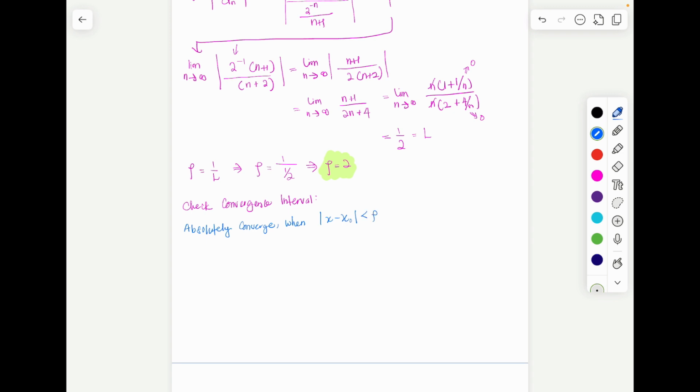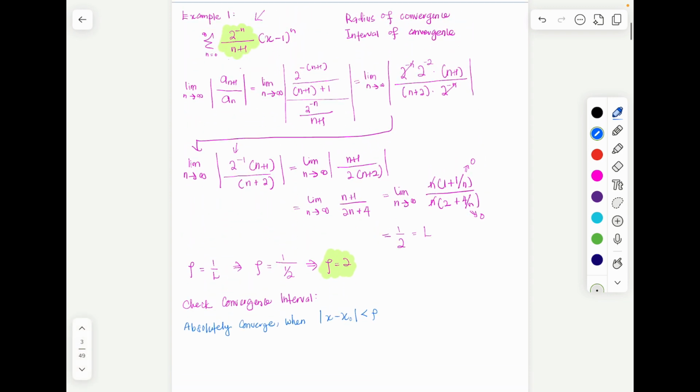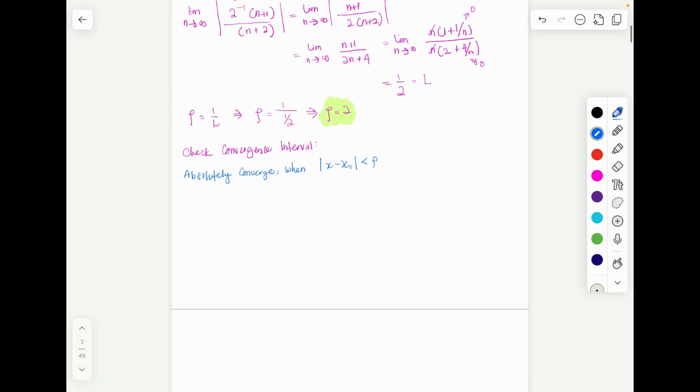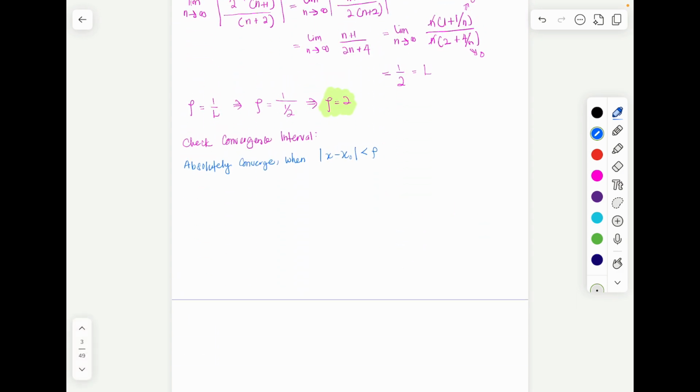In this case, you need to recognize what your x_0 is. Your x_0 is actually this one, so x minus 1. We write it back: |x - 1| less than rho, which is 2.